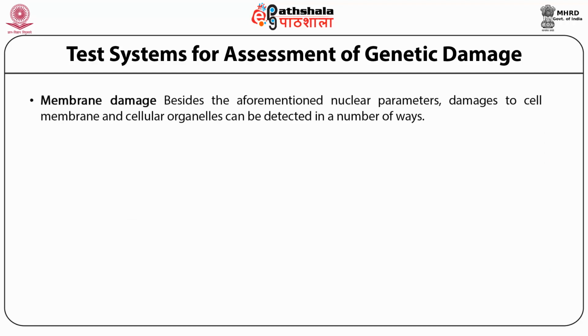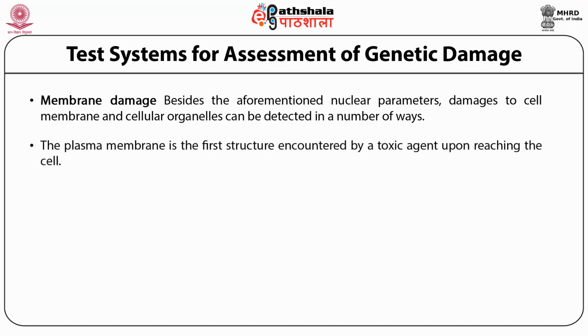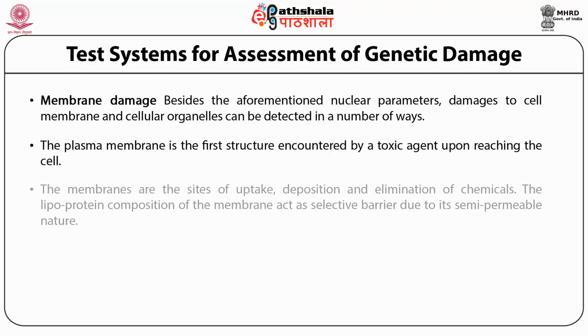Besides the aforementioned nuclear parameters, damage to the cell membrane and cellular organelles can be detected in a number of ways. The plasma membrane is the first structure encountered by a toxic agent upon reaching the cell. The membranes are the sites of uptake, deposition, and elimination of chemicals.